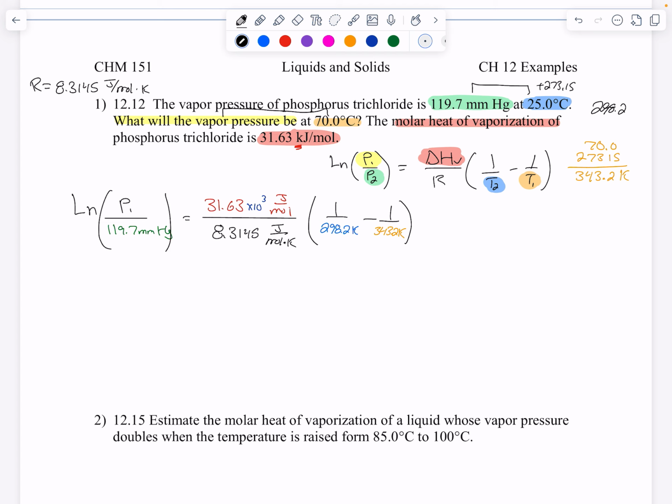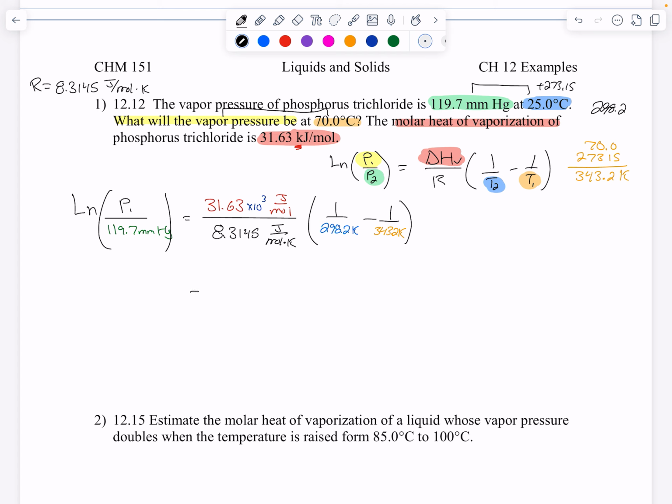Again, this is in parentheses, so we have to do everything on the right-hand side first. If we do everything on the right-hand side, we get 31.63 times 10 to the third divided by 8.3145, times 1 divided by 298 minus 1 divided by 343.2.